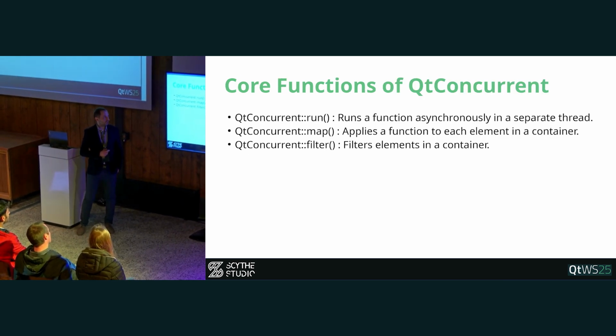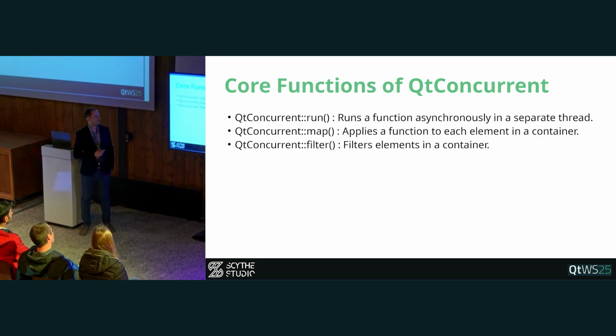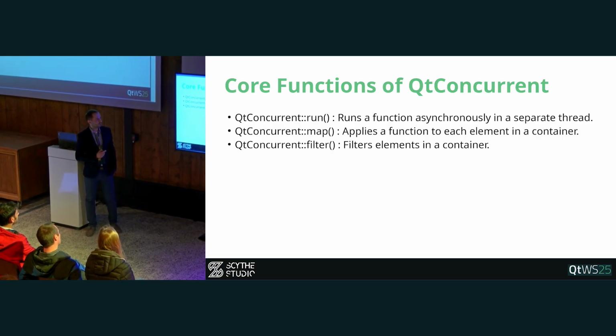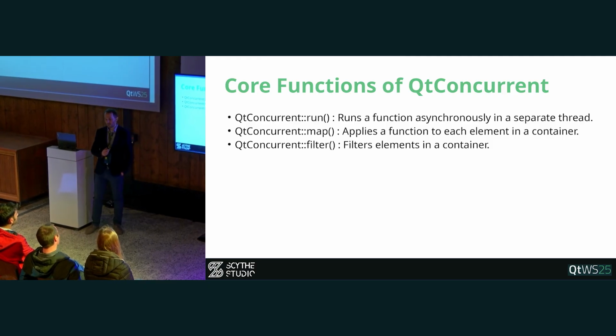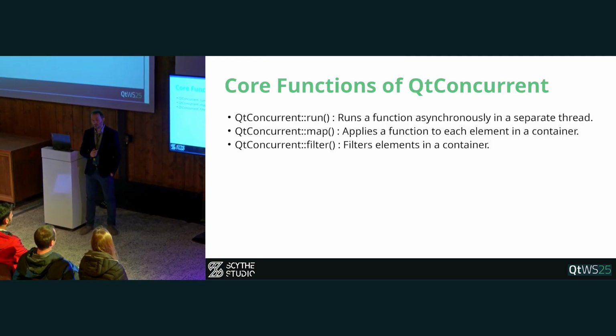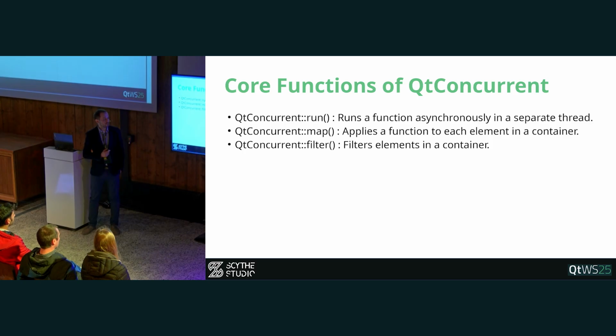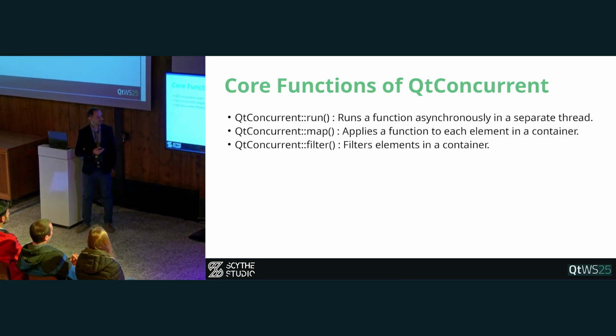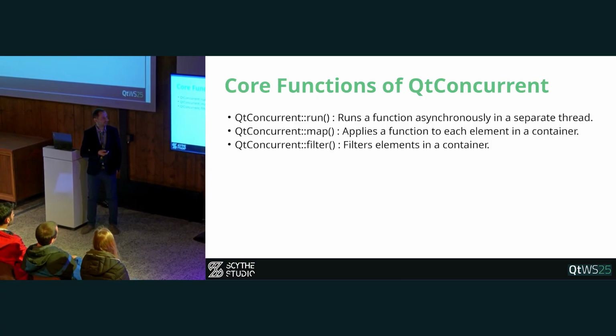QtConcurrent has three families of methods. Run is the simplest method, which just allows you to run some function asynchronously. Then we have map, which applies a function to each element in a container, and we have filter, which filters elements in a container. Those methods, map and filter, work in place on the items in the container.